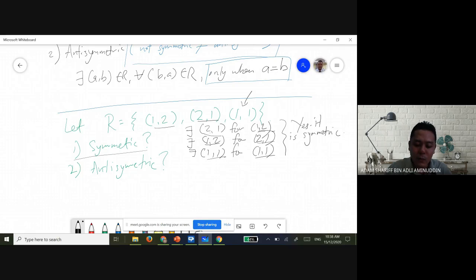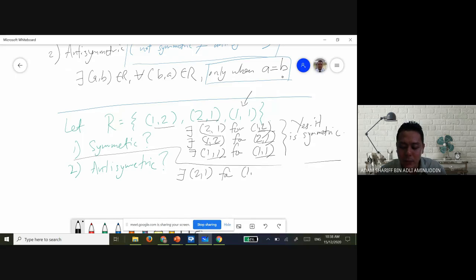Okay, now we move to a separate question, antisymmetric. Is it antisymmetric or not? Cuba korang tengok definition kat atas ni. Saya tak tunjuk, saya tak tutup. There exists AB for BA only when A equals B. So kalau kau tengok ni, adakah ini antisymmetric? There exists 2, 1 for 1, 2. But 1 is not equal to 2.